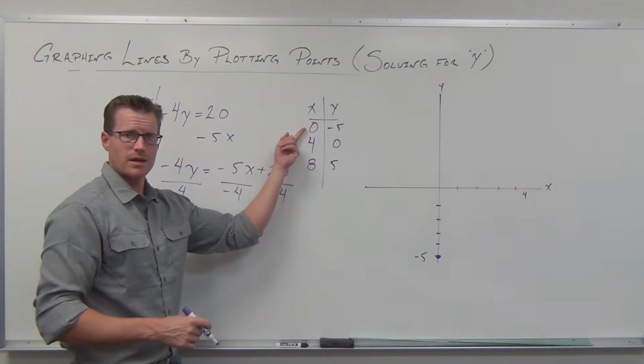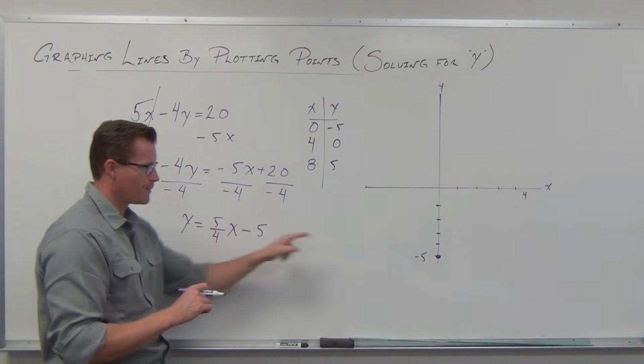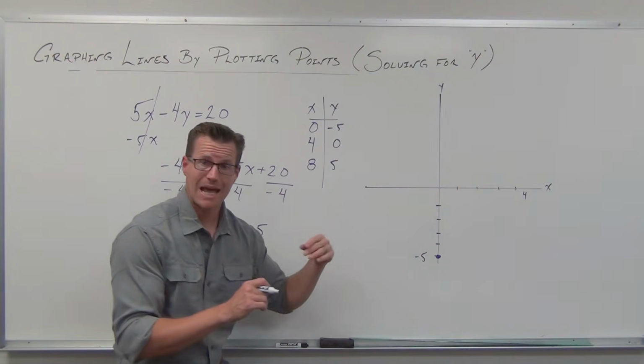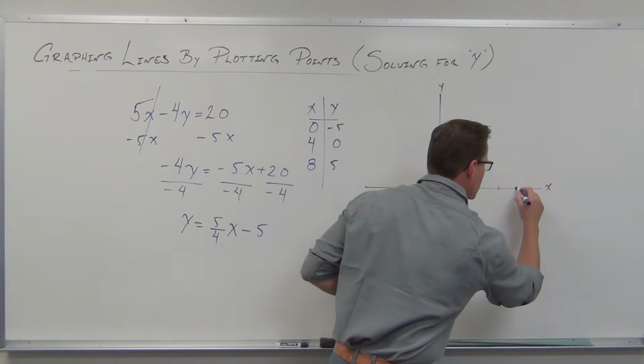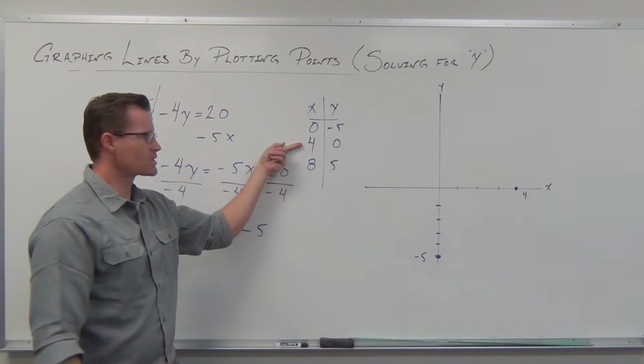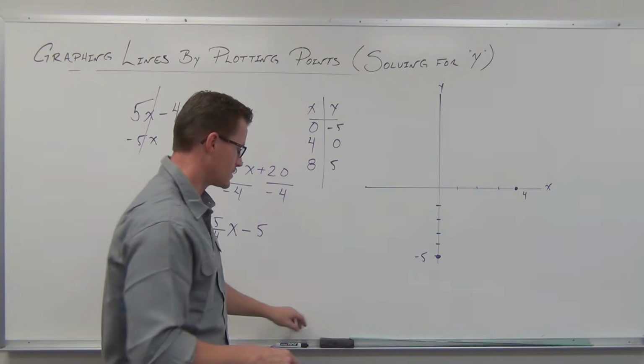Shoot, it even shows it right there. Your slope from there, look at this, it says go up 5, 1, 2, 3, 4, 5, and go over 4 to the right, 1, 2, 3, 4. That's your next point. Look, it's on your graph, you found it anyway, but this makes it faster. This literally is your line.